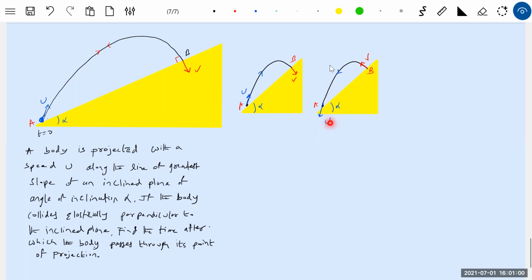Shall we write U dash or let it be U only? I'm in a little bit of trouble. What shall I do here? Definitely, these are very primary questions which we should have clarity on before going for a problem.